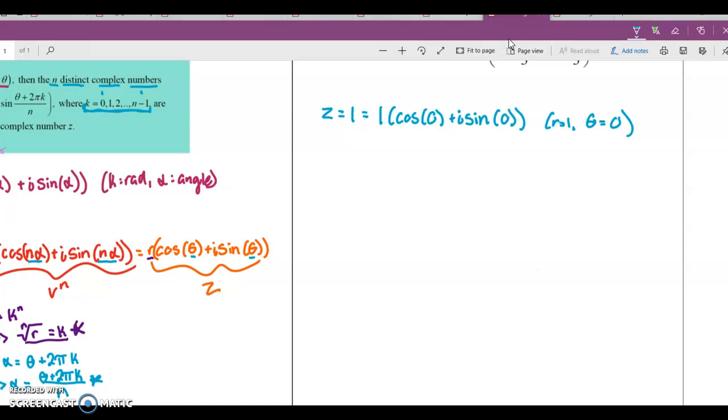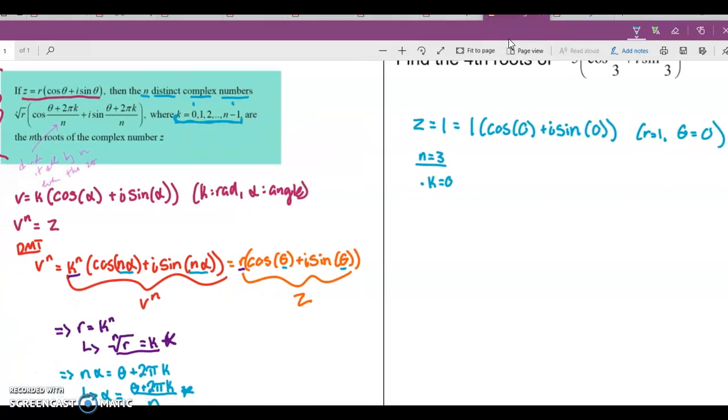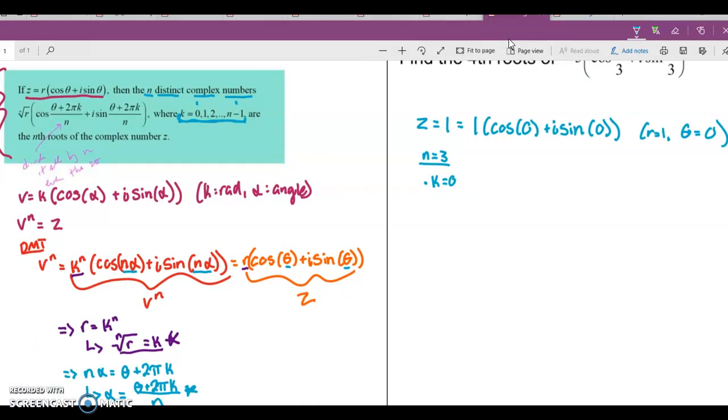So if we want to find the cube roots, then n equals 3. First we start with k equal to 0. We plug that into this long formula.